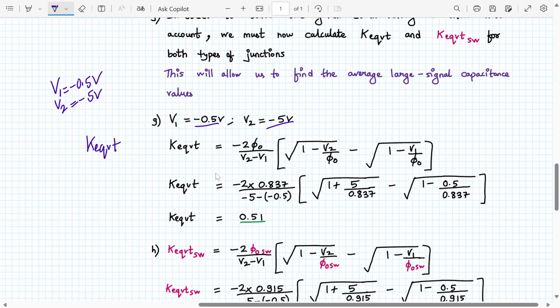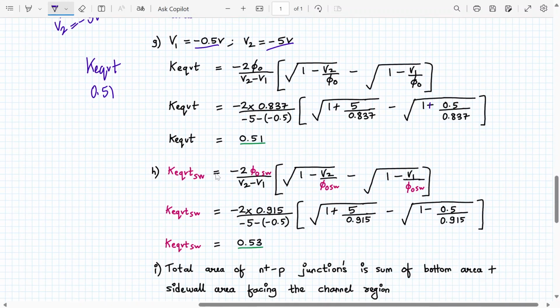Okay, so K equivalent is minus 2 phi naught, just now we have calculated, over V2 minus V1, times square root of 1 minus V2 upon phi naught minus square root of 1 minus V1 upon phi naught. So substitute this value, this will become plus phi, and here this will also become plus phi, right? You substitute the values over here, what you will get is 0.51.